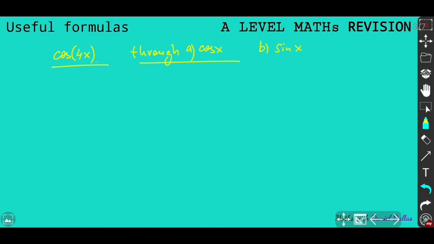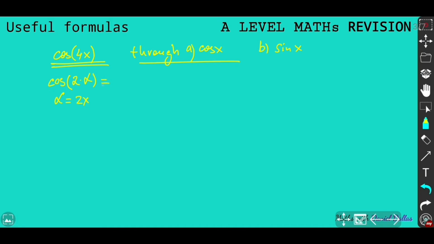Okay, because it involves the angle x times 4, it means that you can every time express it as a double angle. So 2 times alpha, where alpha is 2x. So basically it's going to be 2 alpha, where alpha in its turn is going to be 2x. And you still will be able to apply the formula.